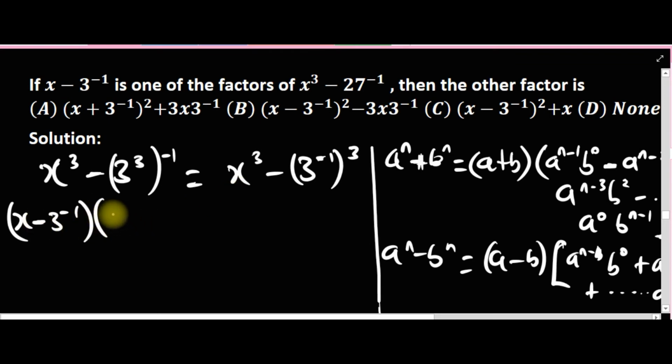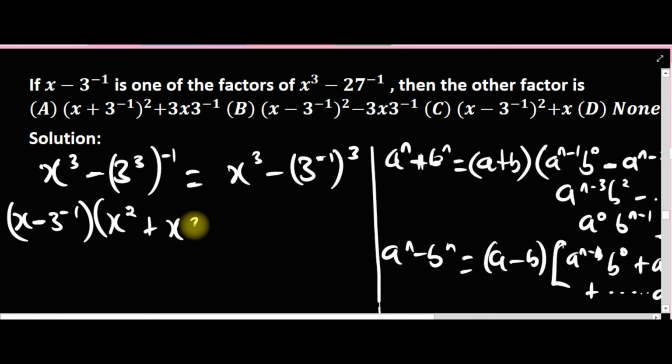So we have x, 3 minus 1 is 2. 3 raised to the power minus 1 raised to the power... so no need of writing the 0. Plus x, y, 3x raised to the power 1. That's 3 minus 2.